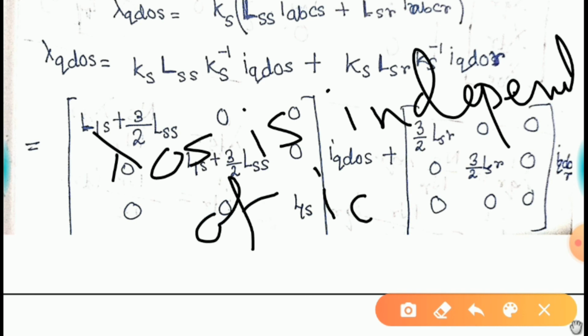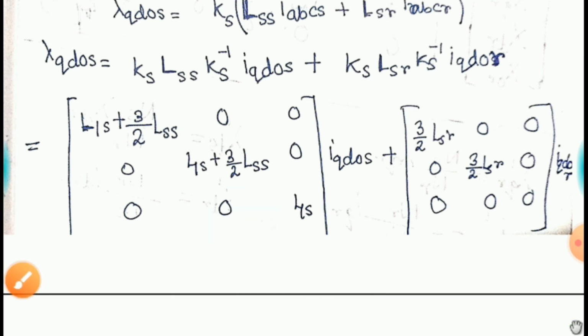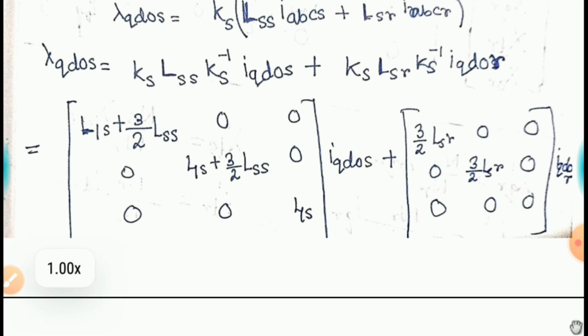i naught r. That is a very important observation, and this implies your rotor winding can have any third harmonic current flowing through it. It won't disturb your stator winding, or vice versa. Your stator winding third harmonic current won't disturb your rotor winding. These two circuits are disjoint, unlike the q axis or d axis components, where your lambda qs is dependent on iqs as well as iqr.